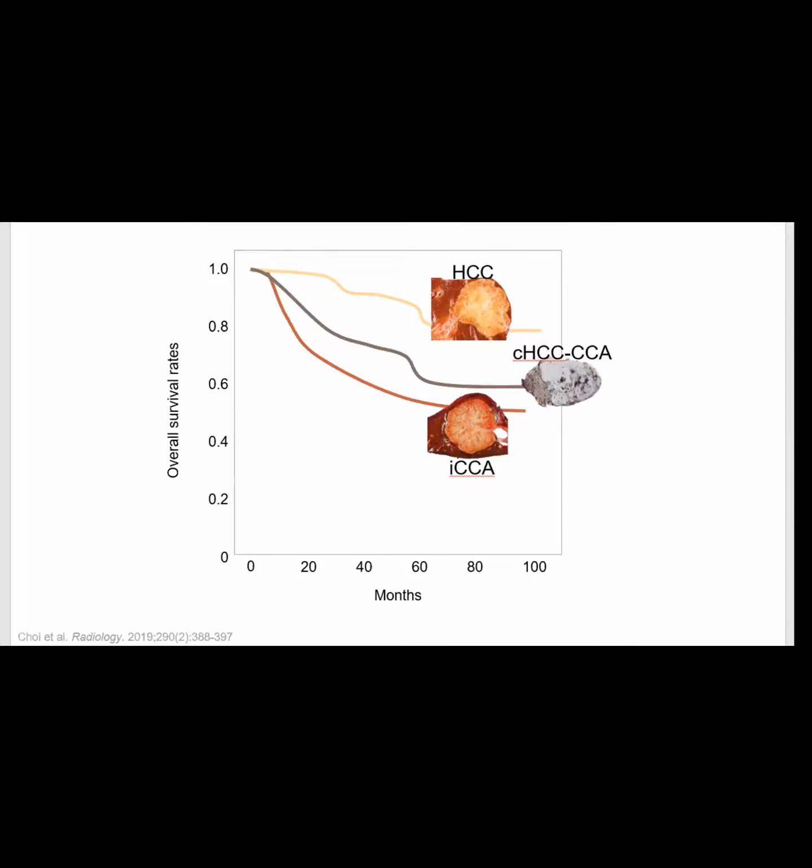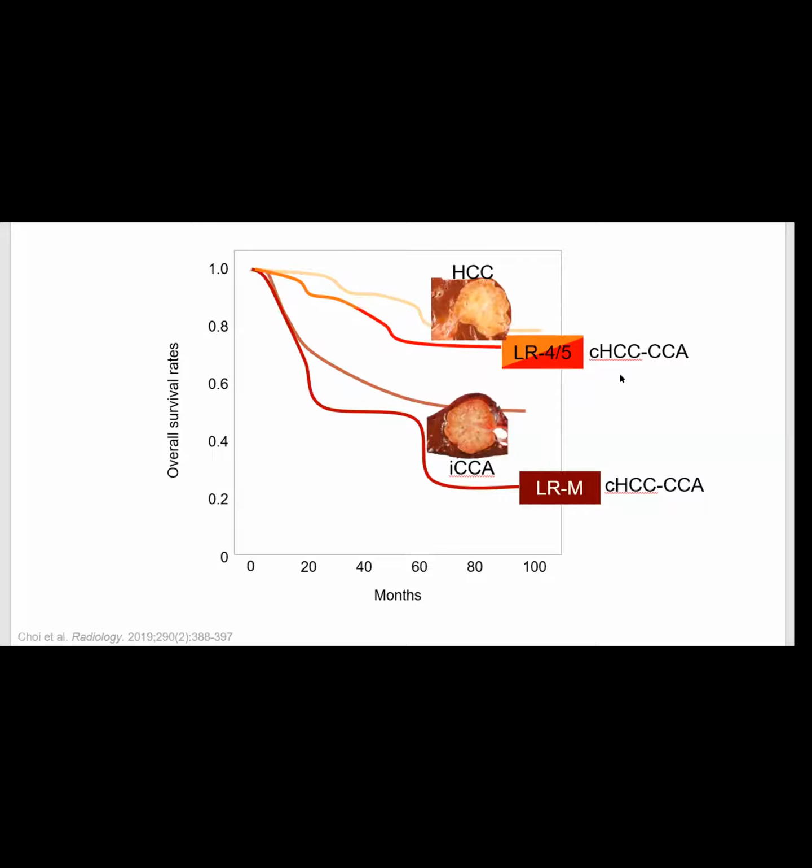But then when they separated the path-proven combined tumors into those that met criteria for either LR-4 or 5, which is the first case I showed you, versus those that met criteria for LR-M, the curve separated very nicely.